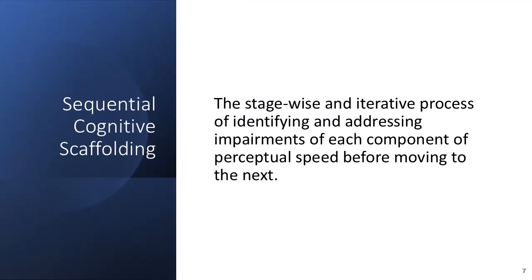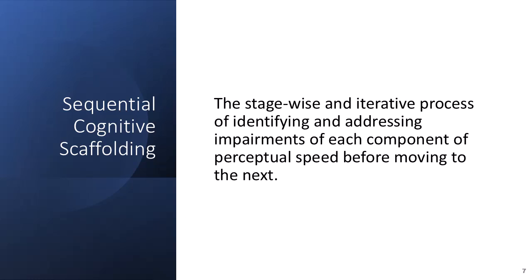When we have a client who has significant shortfalls in perceptual speed compared with the demands they face on the job, their cognitive rehabilitation program is a rigorous reiteration of just right challenges to help them bridge the gap. I like to refer to this as sequential cognitive scaffolding, or SCS. The term sequential highlights the step-by-step nature of the perceptual speed cognitive process and the rehabilitation approach.